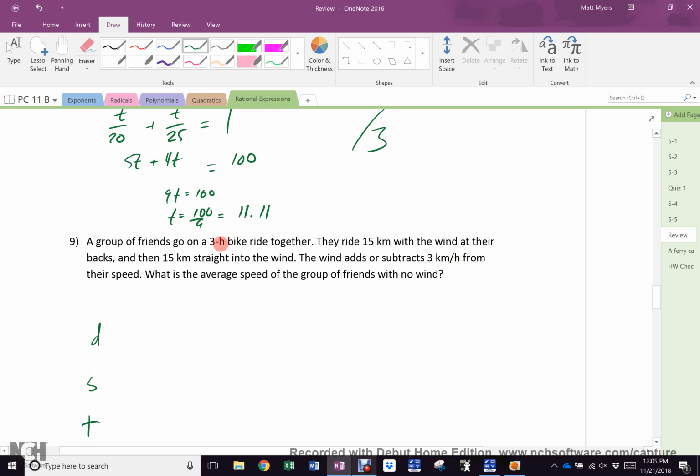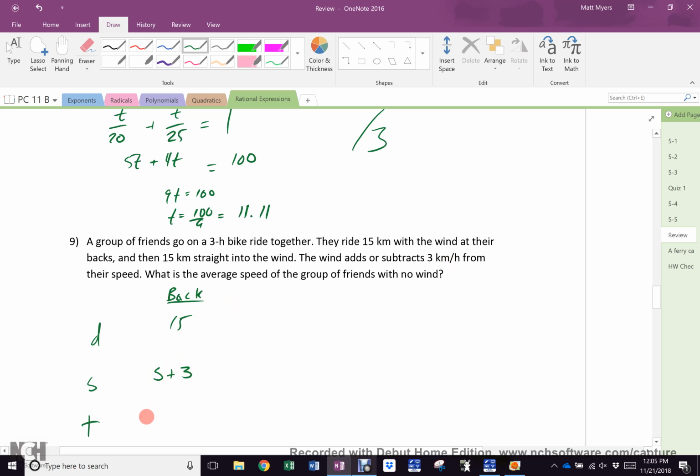Do they have 2 versions? Yeah. For the first amount of time, first distance, 15 kilometers with the wind at their backs. The wind adds or subtracts. So how far did I go with the wind at my back? 15. What was my speed? Do I know? I don't know, so it's S plus 3 because the wind is helping me.